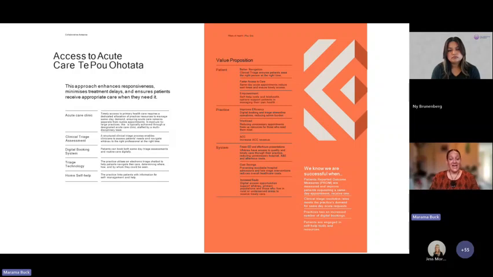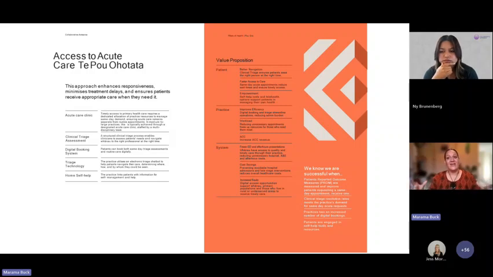Now, for big or high ESU practices, this may seem quite achievable and quite easy. Kapai, like for 4 hours on a Monday morning, you'll just have an acute care clinic people can walk straight into. For smaller practices or smaller communities, that might mean collaborating with other practices within your PHO to pool your resources and have a clinic at one of the practices, even if all of the patients going there aren't enrolled with that practice.